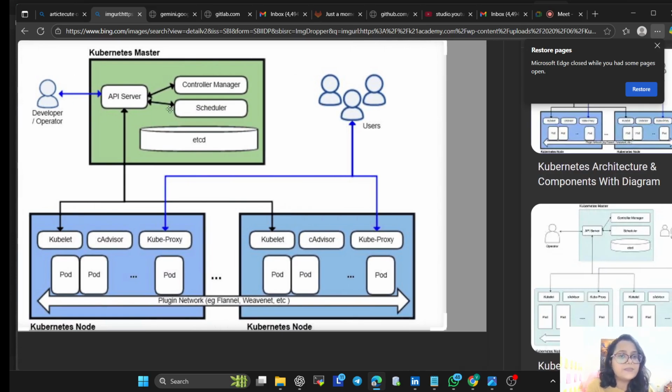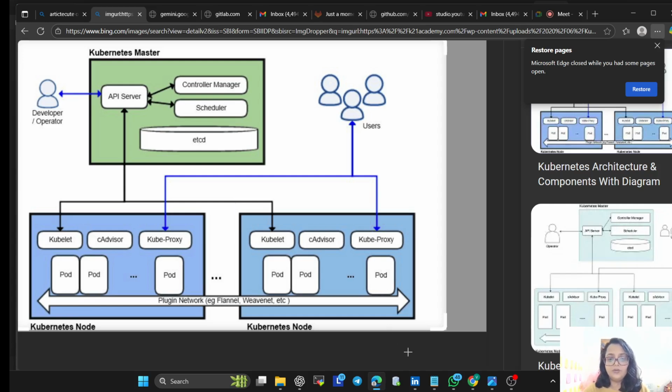All this is there: API server, controller, scheduler, etcd. Etcd is nothing but the database for Kubernetes. If you are using EKS, all of this will be taken care of by AWS. You just have to manage your worker nodes.